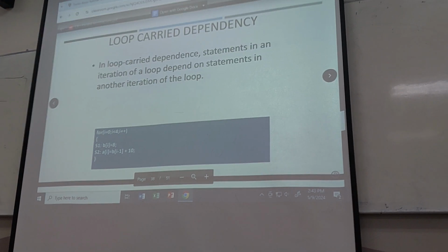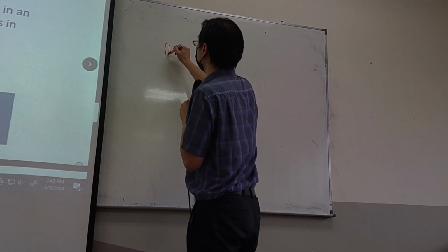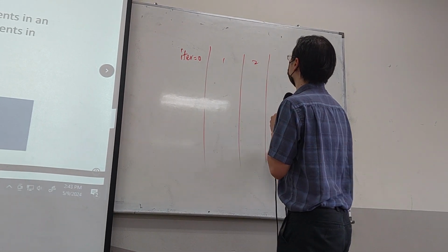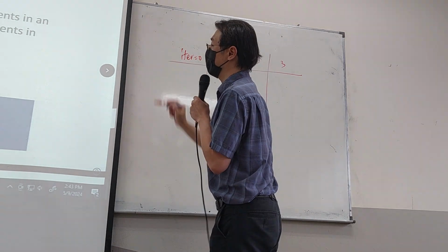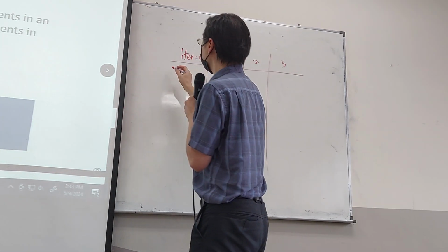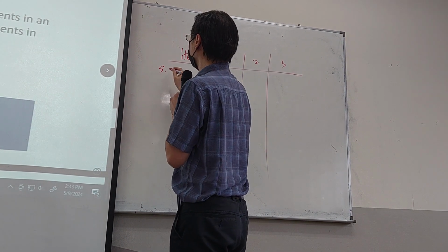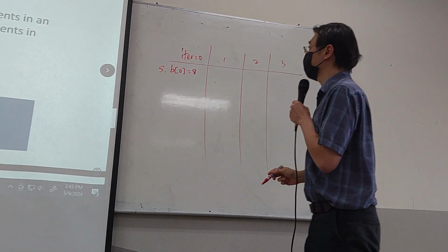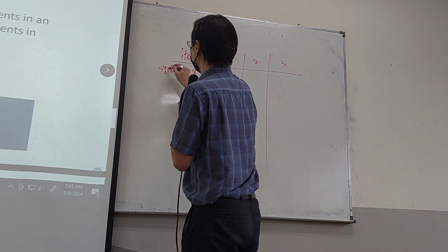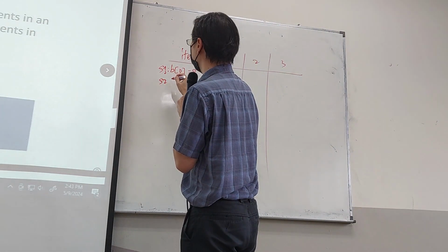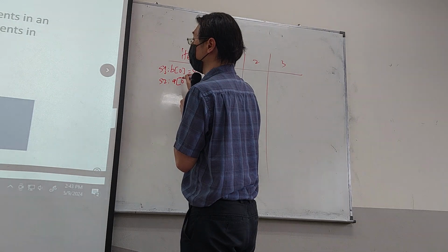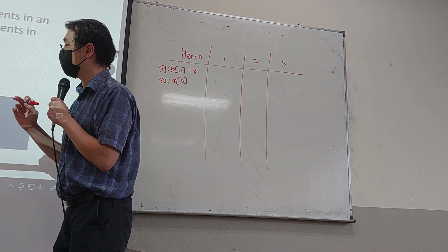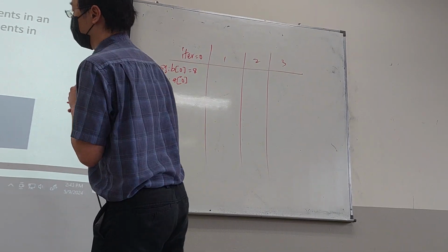In iteration 0, 1, 2, 3. Statement 1 will cause B0 to be 8. Statement 2 will cause A0 to become something, but this one has a problem, because we do not have B minus 1.